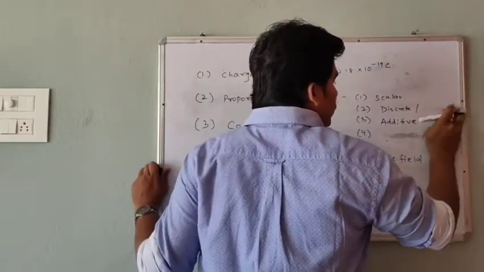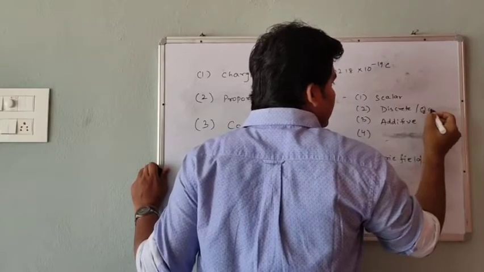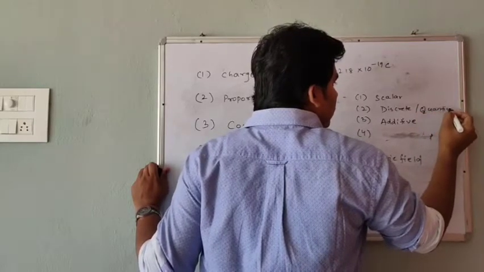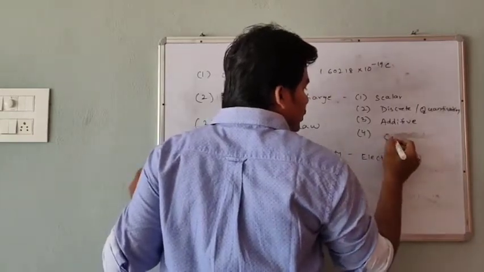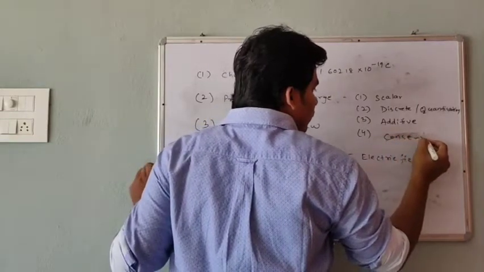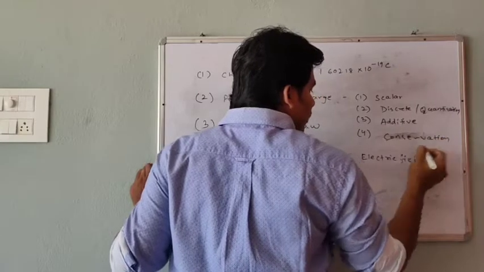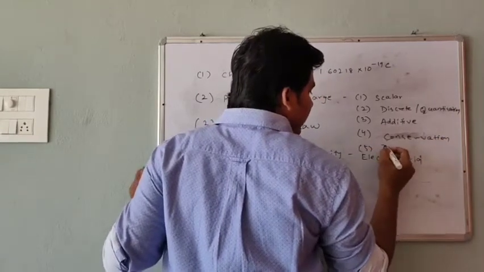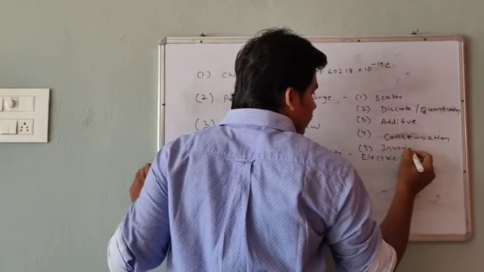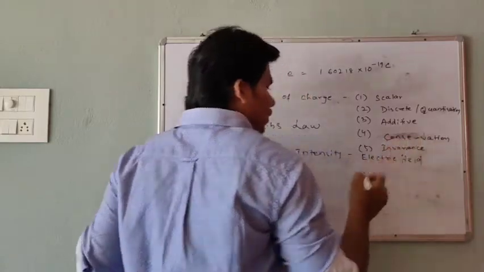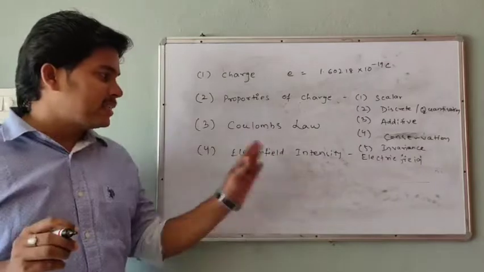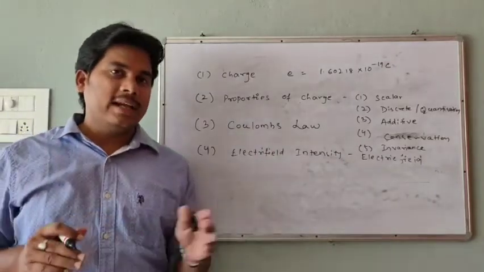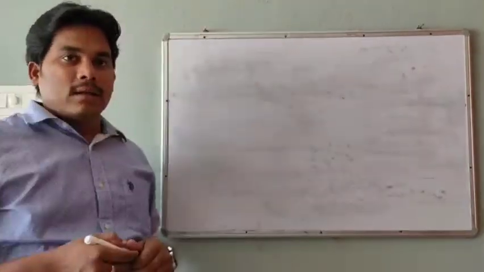Discrete nature or quantization of charge. And next is the conservation of charge. And fifth is the invariance of charge. We shall discuss every one point by point. And next we will discuss the electric field and the electric field intensity.